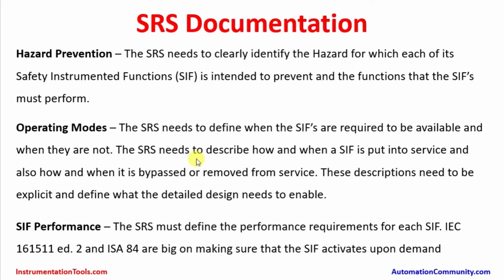The SRS needs to describe how and when a SIF is put into service and how and when it is bypassed or removed from service. These descriptions need to be explicit and define what the detailed design needs to enable. So they have to give a brief idea in the SRS about the bypass requirement, when it has to be put in service, when it can be removed, and so on. The brief discussions have to be captured.